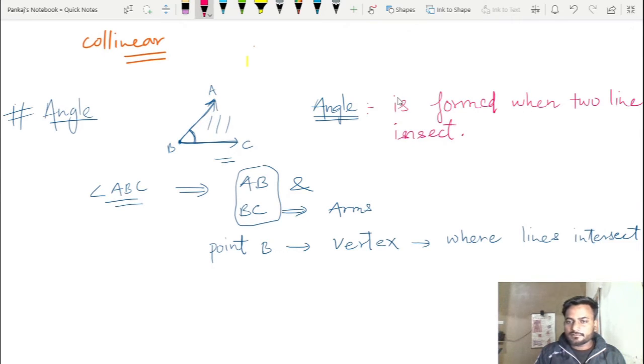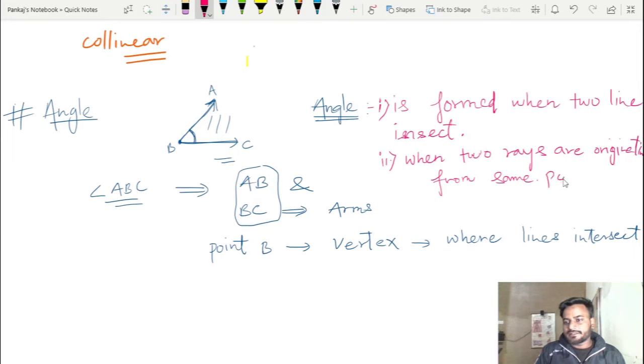Or a different situation from this: here is the first condition, and second, an angle is formed when two rays originate from the same point, and that same point is the vertex. So from here two rays are originating from this same point.